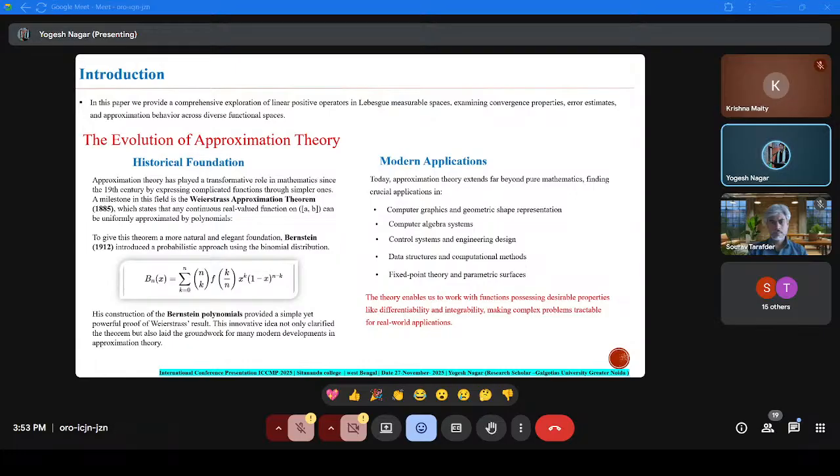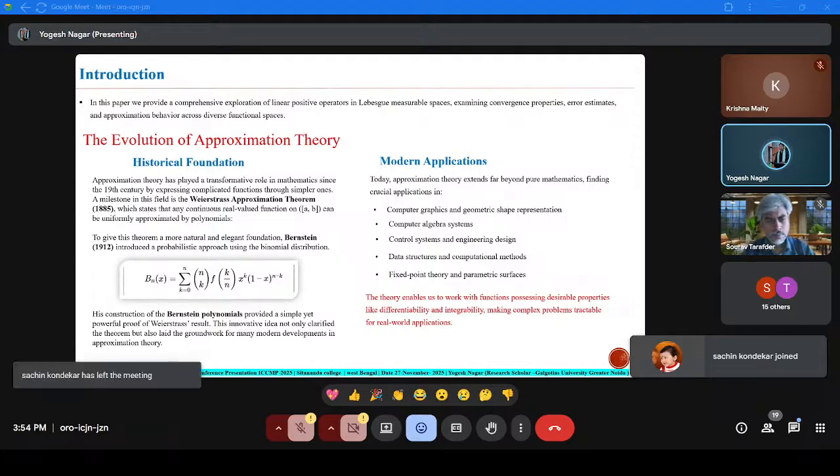What began as a purely theoretical pursuit has now become central to various kinds of modern applications. Approximation techniques support computer graphics, data fitting, geometric modeling, numerical analysis, control theory, and so on. Linear positive operators.